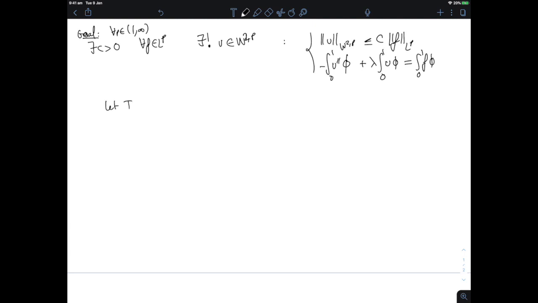So let T be the bounded map in L2 such that for every f in L2(0,1), we have that the integral of (Tf)' against phi' plus lambda Tf against phi is equal to the integral of f against phi for all phi in C infinity compactly supported.